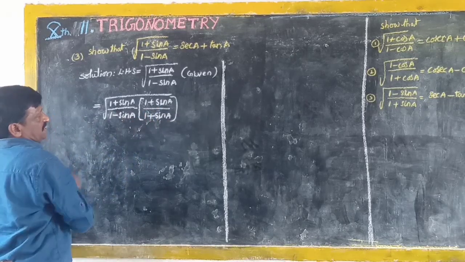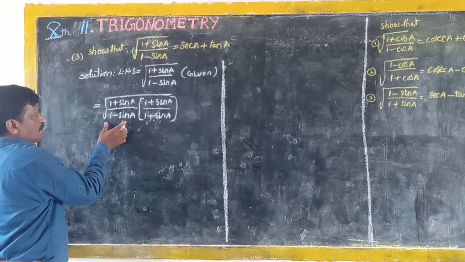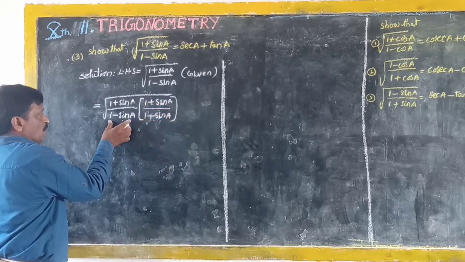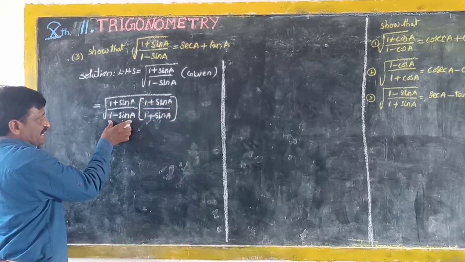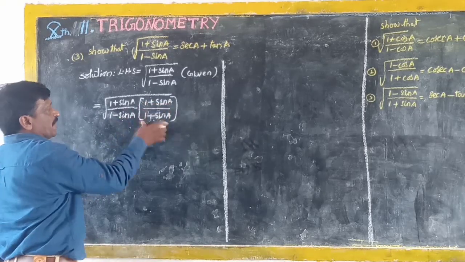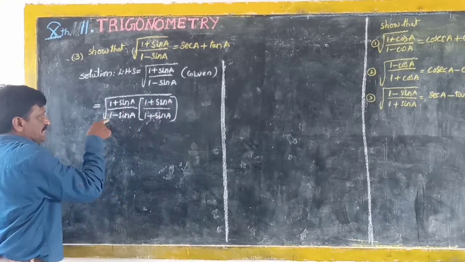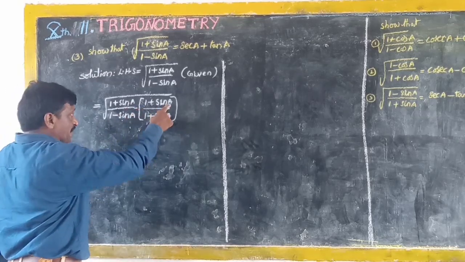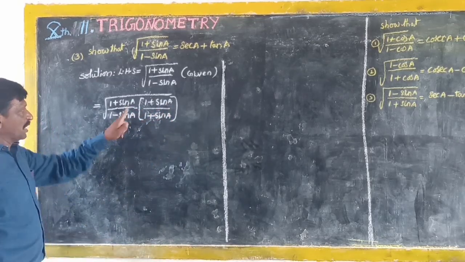If the denominator is a minus b, multiply by a plus b by a plus b. So this denominator is 1 minus sin a, and we multiply 1 plus sin a by 1 plus sin a.